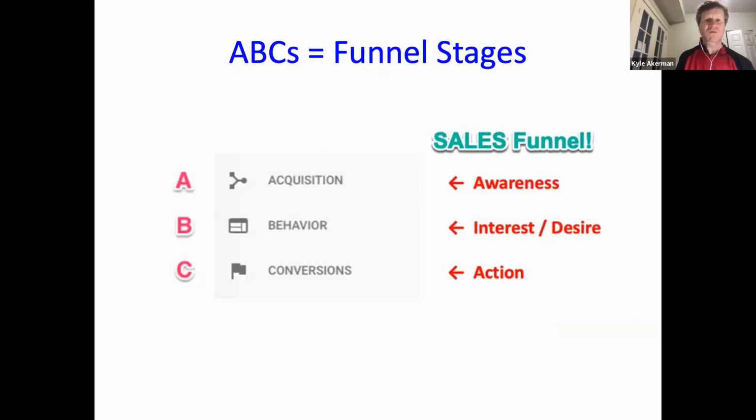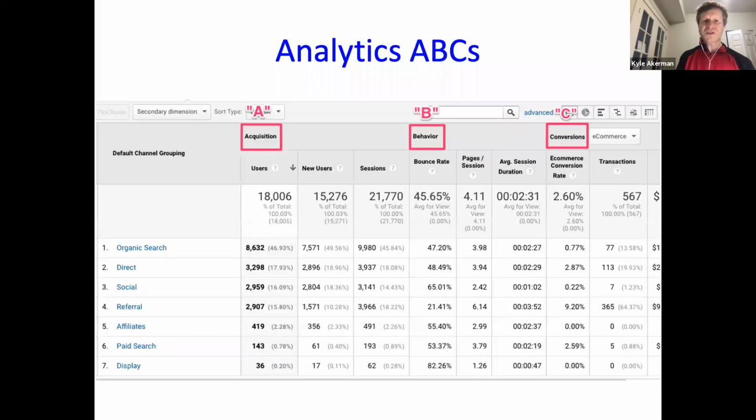The ABC reports map to those stages of the funnel: the awareness, interest, desire, and then action. And whenever you're in a report, you will see this A, B, and C pretty much everywhere. See across the top there, we've got acquisition, behavior, and conversion. So you're getting information about all stages of the funnel. So I just wanted to get things set up with that.